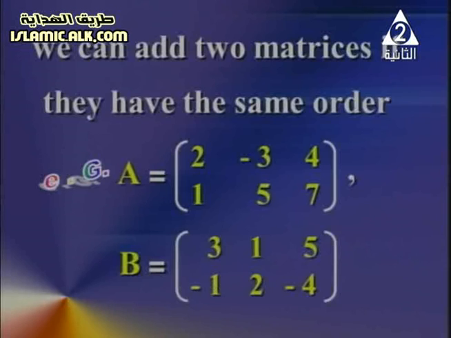Look, the two matrices have the same order. We can add or subtract. The first condition when adding two matrices is that they must be of the same order. The first matrix is of order 2 times 3, and the second matrix is also of order 2 times 3: 2 rows, 3 columns.